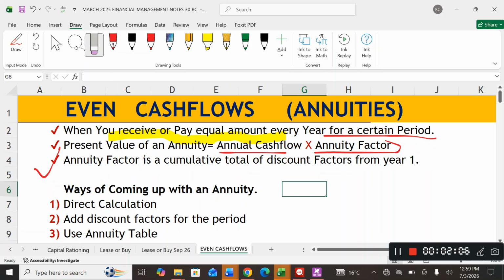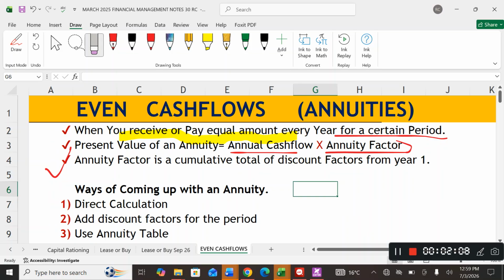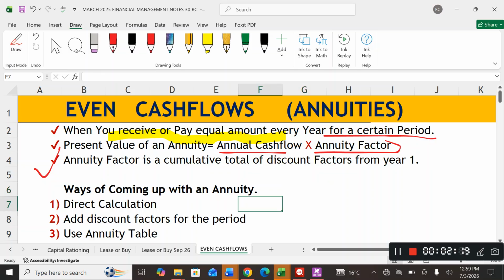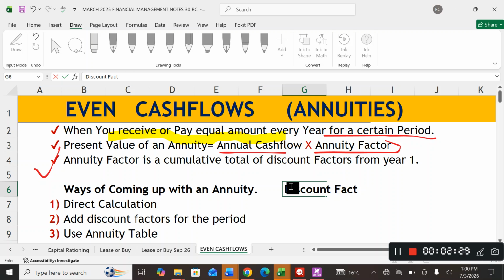Number 1, we can calculate the annuity factor directly. Let us look at how we can calculate the annuity factor directly. I'm going to give an example, assuming my discount factor is 10%.